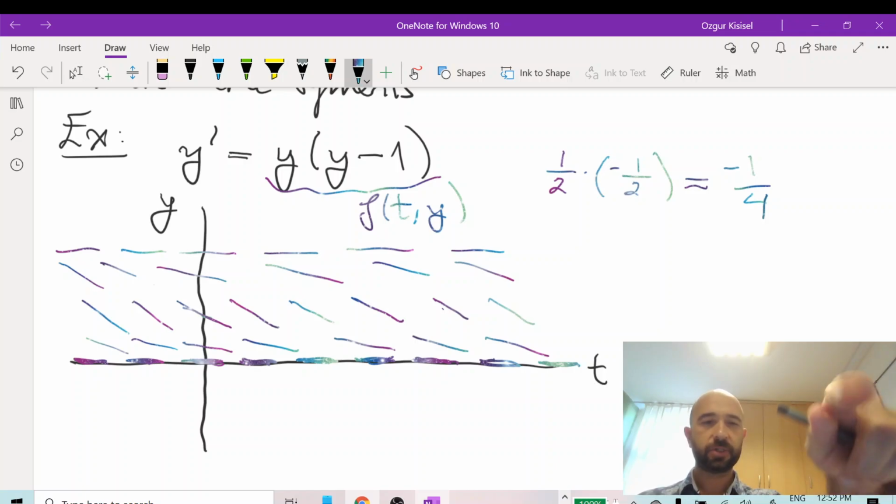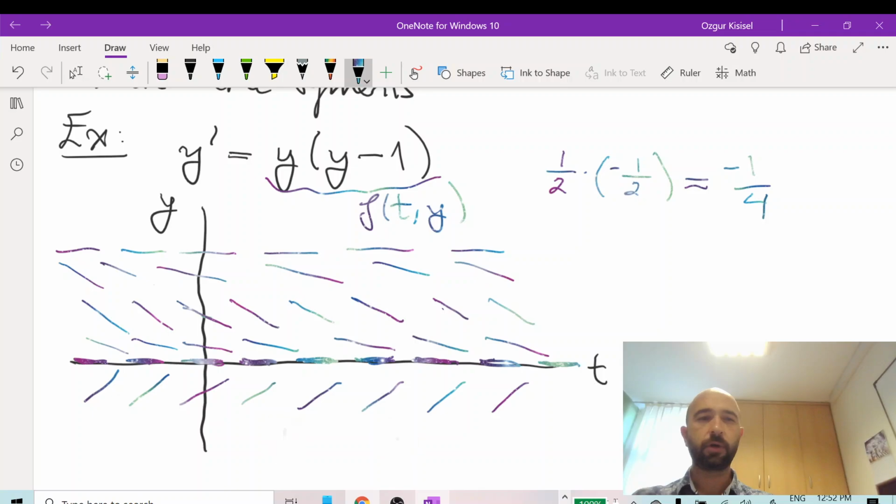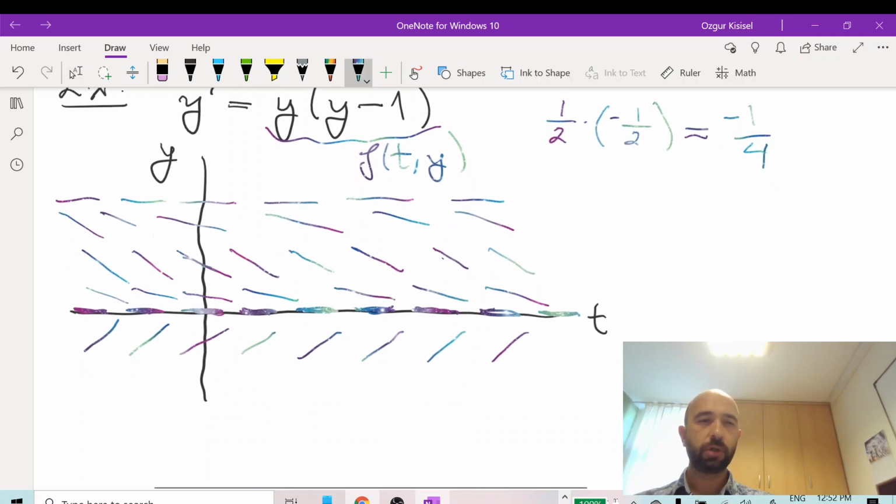So what happens in the region below? What happens for y less than 0? If y is less than 0, negative number times negative number, that's positive. So I get positive slopes, which are tilted this way. And you can figure out that if you go further down, the slopes will increase.